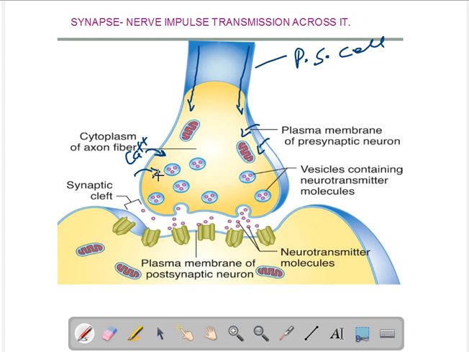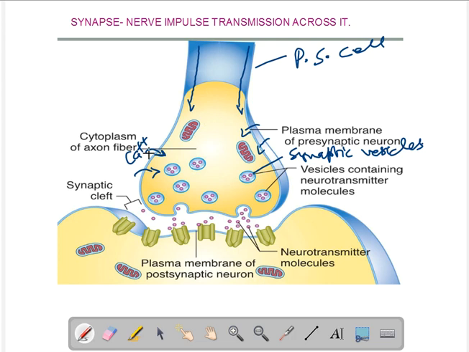And these calcium ions stimulate these vesicles. Now there are these vesicle-like structures which contain a specific kind of molecules inside them, and these vesicles are called synaptic vesicles.